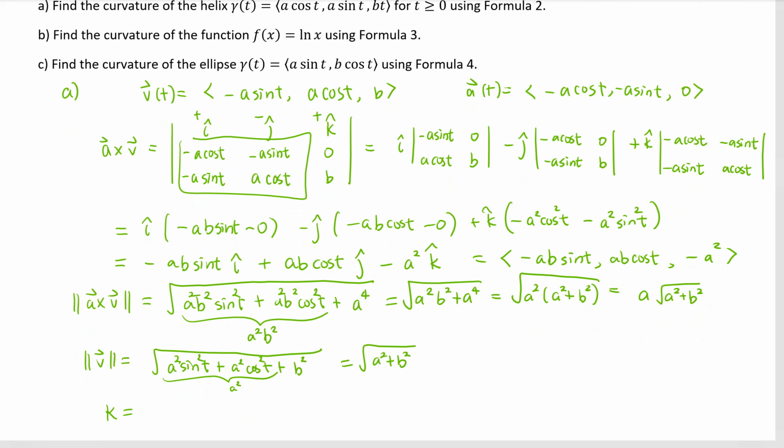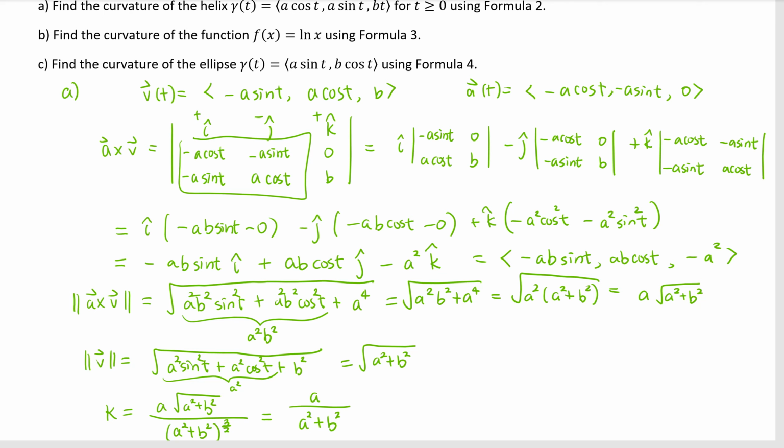That is the magnitude of the cross product, a times the square root of a squared plus b squared, and the denominator is the speed cubed. But it was a square root, so this is the 3/2 power. On top, the square root of a squared plus b squared is the 1/2 power. So the 1/2 and 3/2 cancel, and we only have one copy at the bottom. That's why we are left with a squared plus b squared at the bottom.